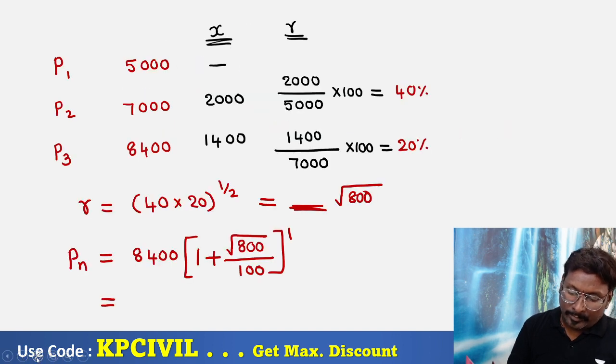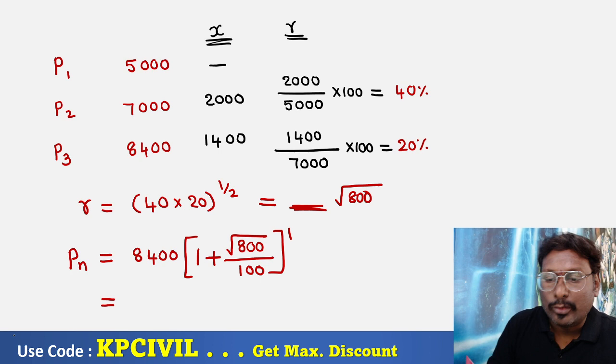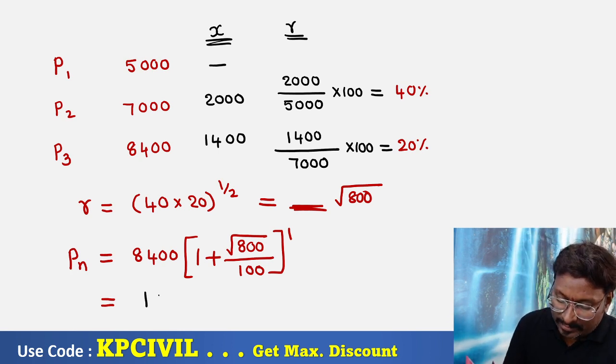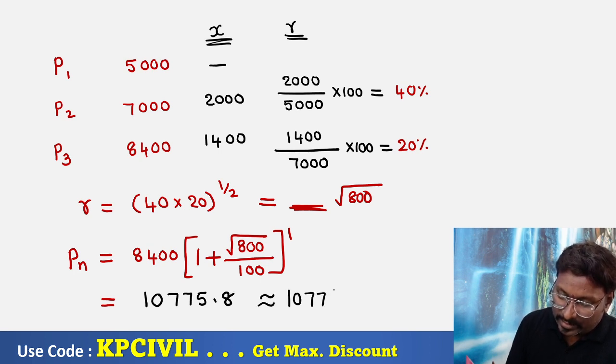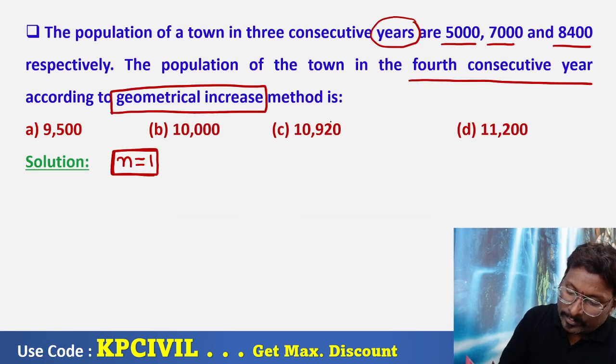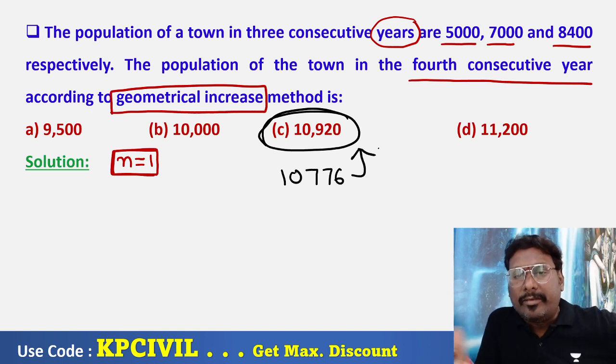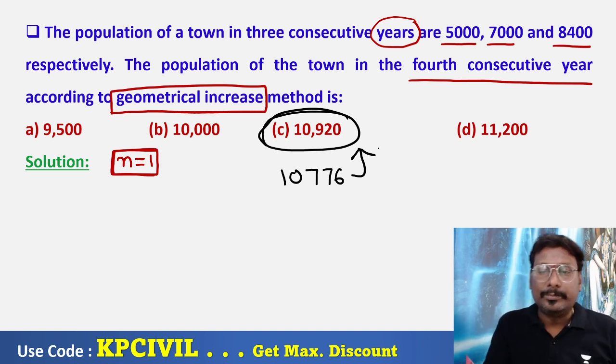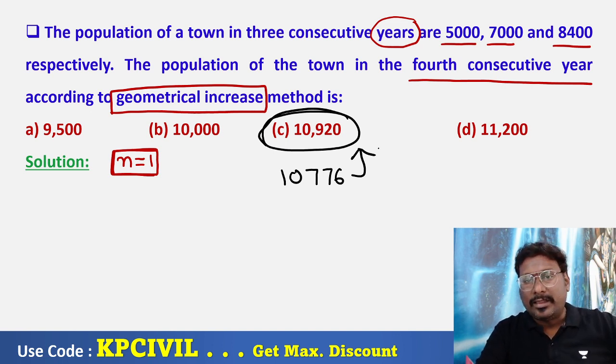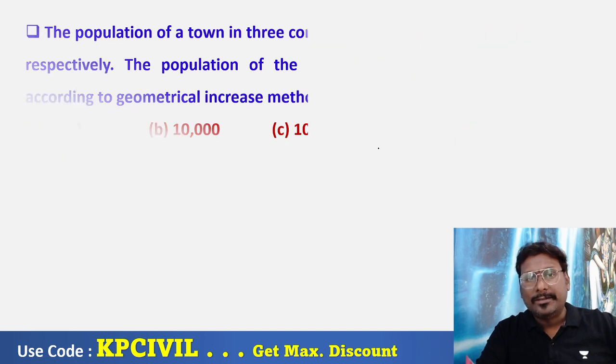Please tell me the answer. 10,775.8. So you take 10,776, which is near to 10,920. Nearby value. So option C is correct. Completed, we'll go ahead.